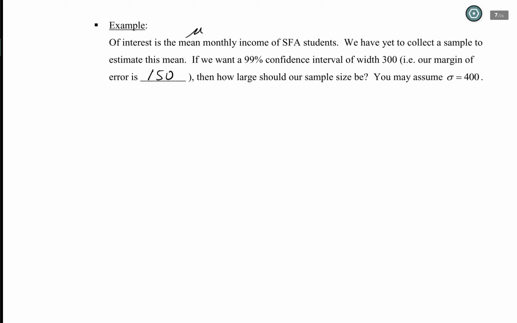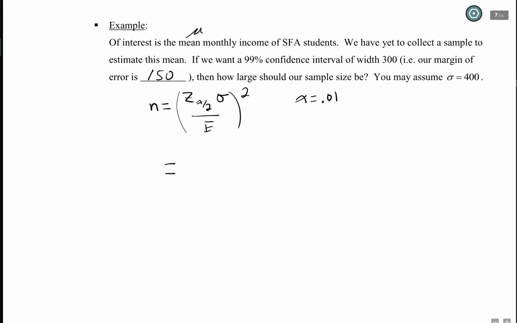Using the formula that we developed on the previous page, we have n equals z sub alpha over 2 times sigma over E, squared, the sample size determination formula. So let's think about, what do we need? Alpha is 0.01 because our confidence level is 99%. So that forces the z value that's going to go in this formula to be z sub 0.01 over 2, or z sub 0.005.